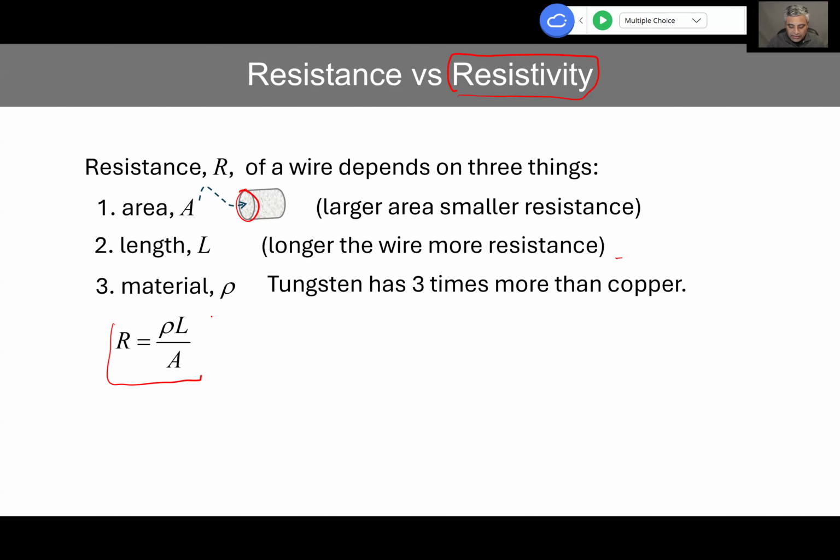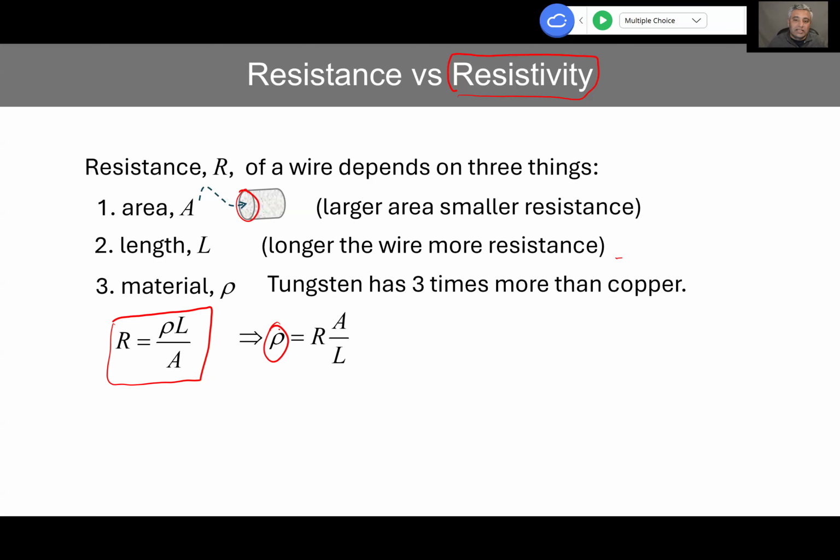Resistance and resistivity are related, something like this. I can solve this equation for resistivity. Although by looking at this equation, it may look like resistivity depends on area, length, resistance, that is not true.